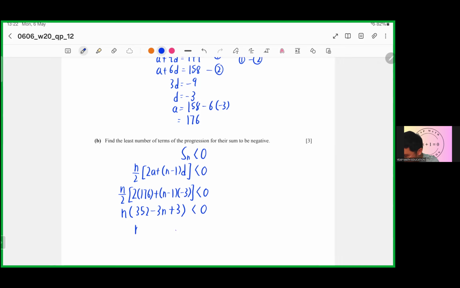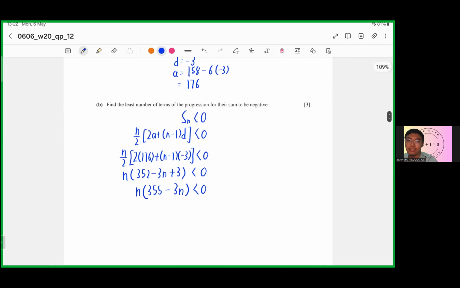After that, we solve until here: 352 plus 3 is 355, and then minus 3n. We don't need to multiply because you see it's already factors.